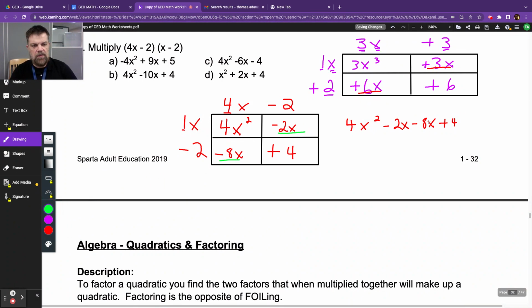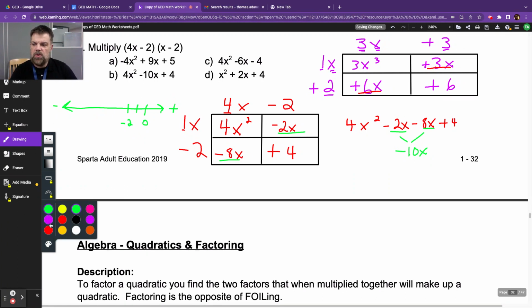So when I say we combine like terms, only this can add with this. When you add those up, they become negative 10x. And you say, well, how is it they become negative 10x? Draw your number line. Here is 0. You start at -2. Remember, when you go to the right, it's positive. When you go to the left, it's negative.